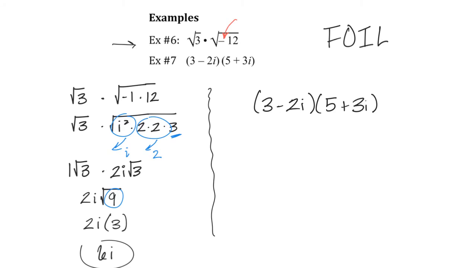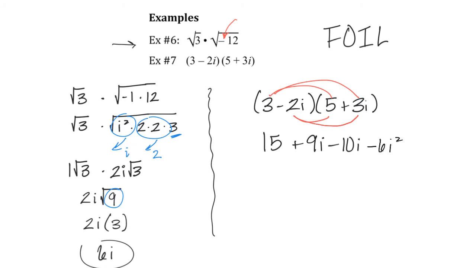So I'm going to multiply my first terms, 3 times 5. I'm going to multiply 3 times 3i, negative 2i times 5. And my last one, negative 2i times 3i is going to give me a negative 6i squared.